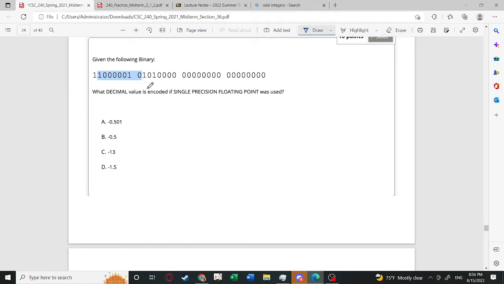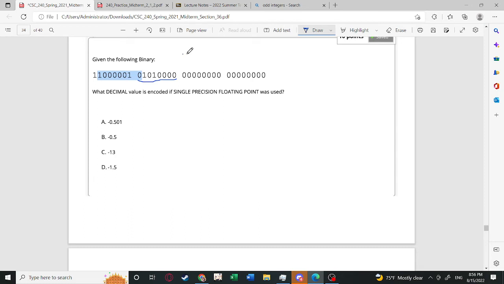So what is the value, right, if single precision floating point was used? Now you have the exponent here.